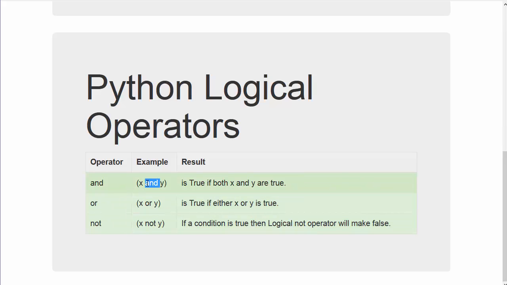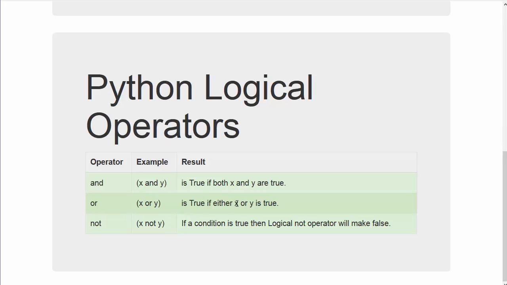So this AND operator you can use to evaluate two conditions, and it will return true only if both conditions are true. Okay, so let's say you have two conditions, x condition and y condition. Then if you use this AND operator, then in order to get true out of these two conditions, both conditions have to be true. In the case of OR, it will return true if one of these conditions is true.